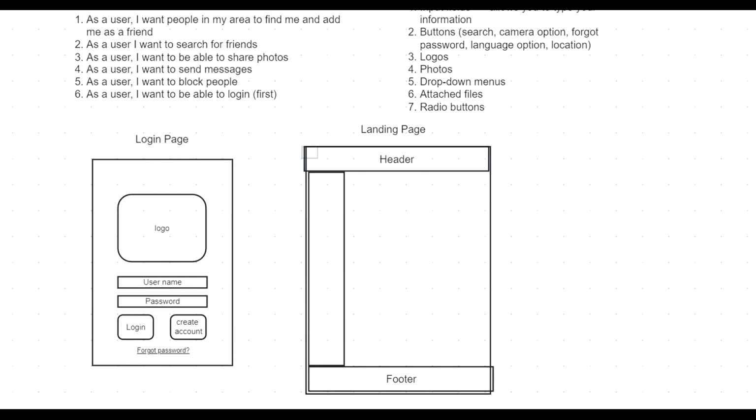So this is the conversation, and this is the text box. Exactly, yeah. So we have contact us, about us, provide us feedback, log out, etc. All those options on the footer.